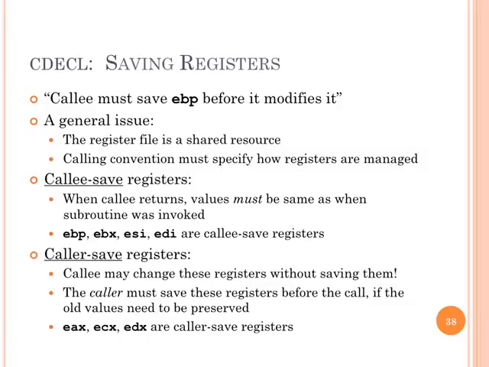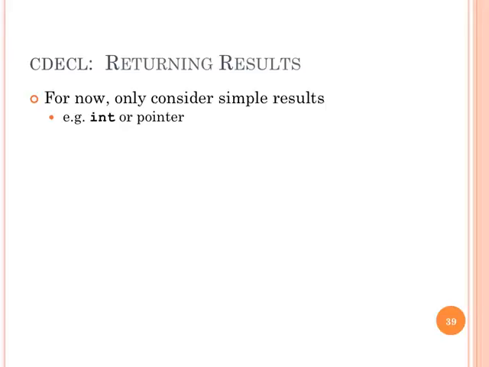If the caller wants those values to be preserved, it must save them. So here we have EAX, ECX, and EDX as the caller save registers. Okay? Just be aware of this. Obviously, ESP is the stack pointer, so it needs to be managed properly by the invocation, or else you end up in la-la land. But this is a very important part of cdecl.